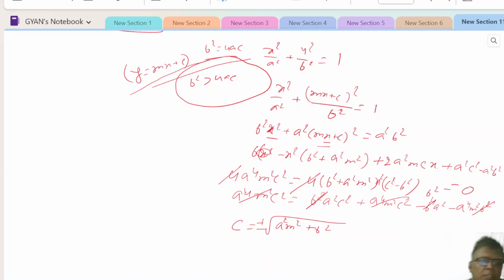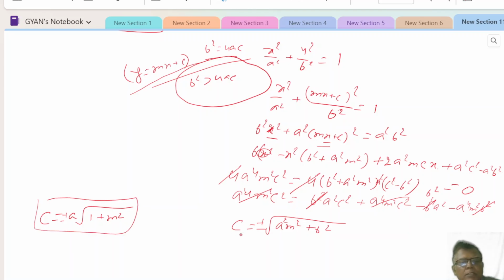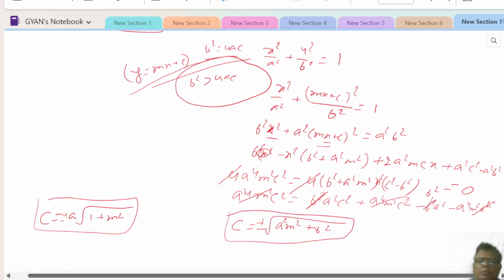So what was the circle tangency condition? c was plus minus root over 1 plus m square, and in a circle a and b are the same. So if you put a here, then it will be the condition like a circle. So this is the condition for the ellipse.